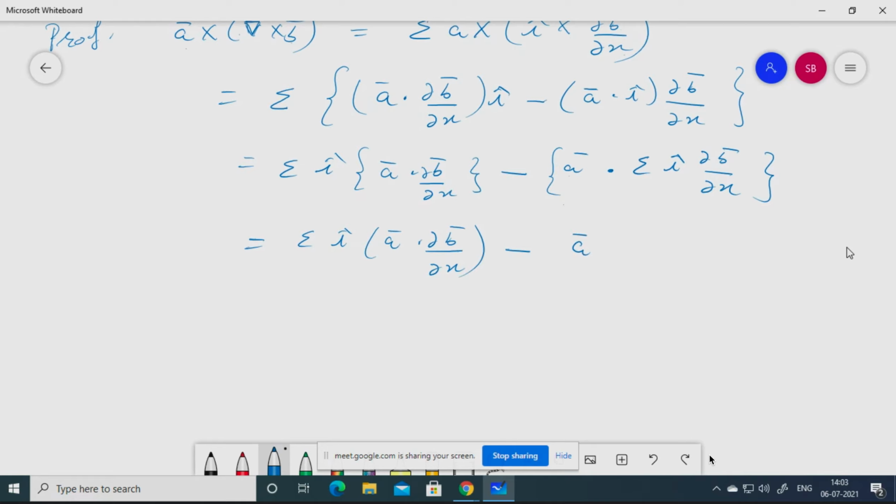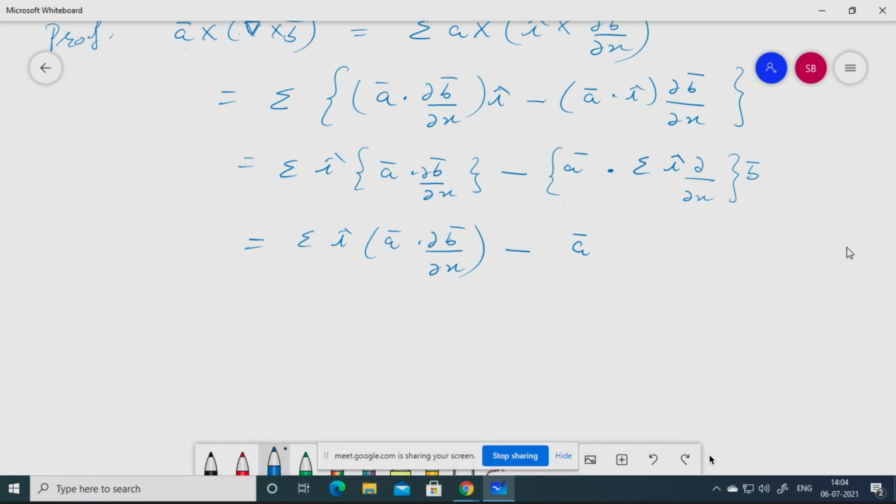Let me write this thing here as dou by dou X of B. Can I write B bar? Yes, ma'am. It's the same thing because B bar needs to be differentiated.